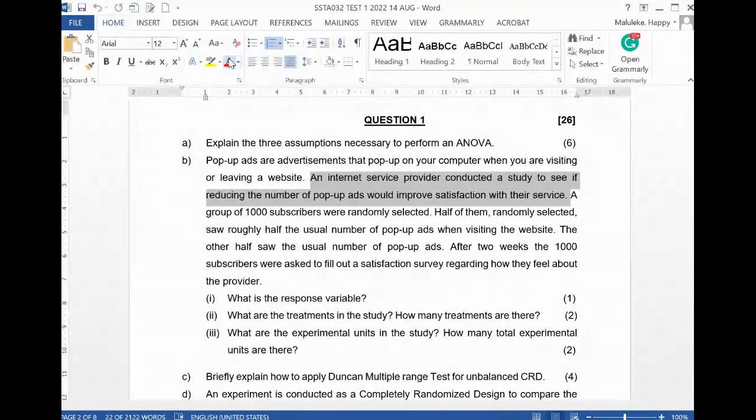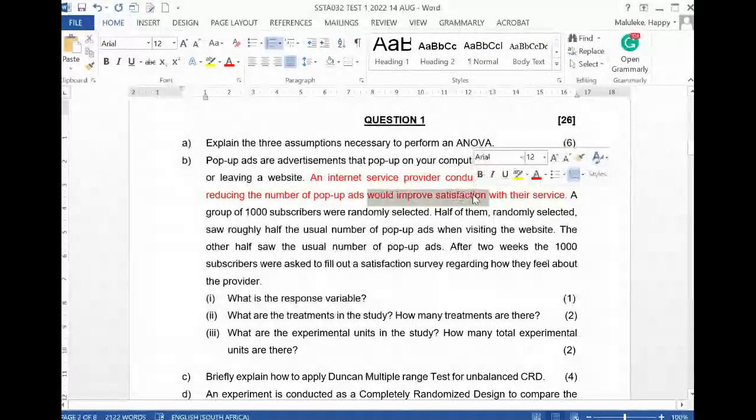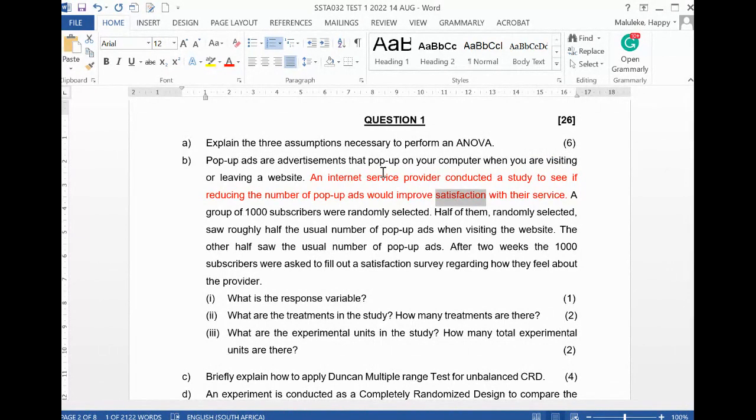Why did the person decide to do this study? So your output is to check the satisfaction of the users, isn't it? If they reduce the number of pop-up ads, will it improve the satisfaction of the customers?